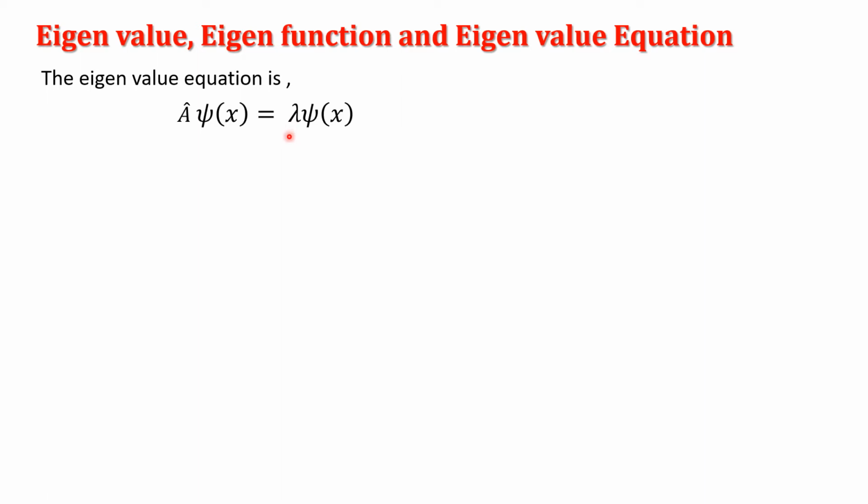That constant term lambda is an eigenvalue of a given operator A. And what is psi of x? Psi of x is an operand and it gives the eigenfunction of a given operator and eigenvalue lambda.